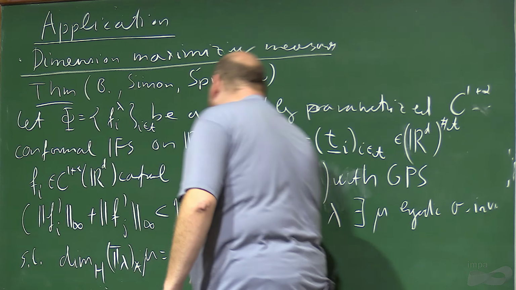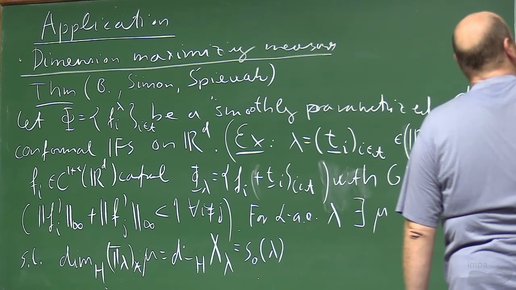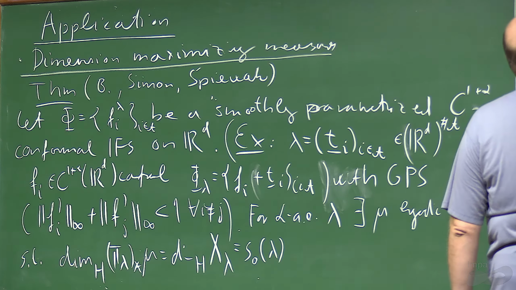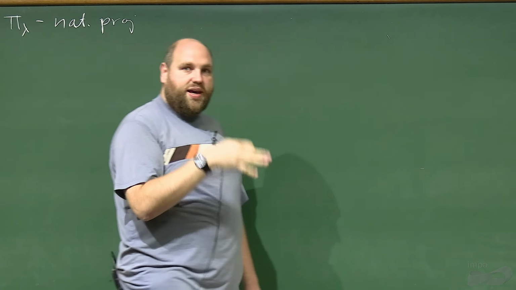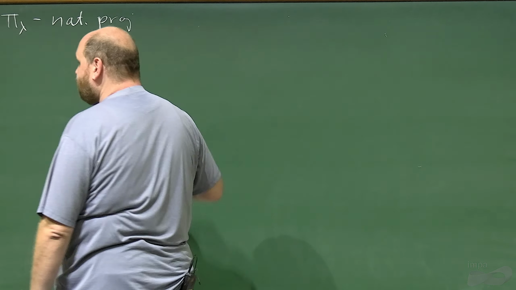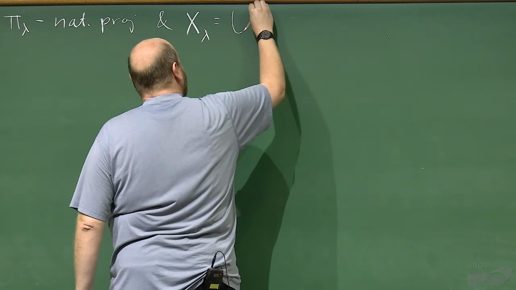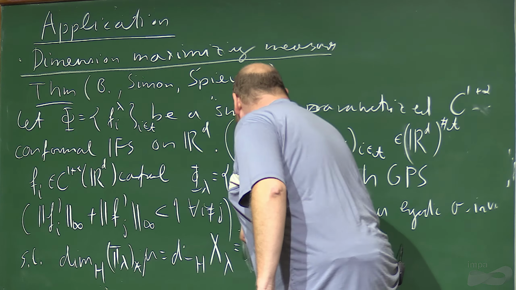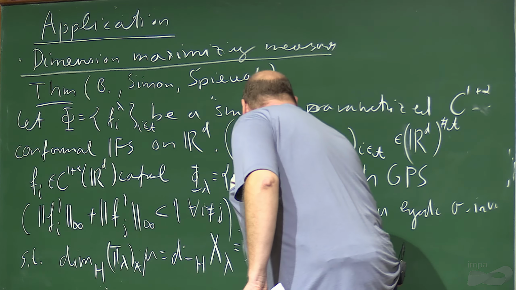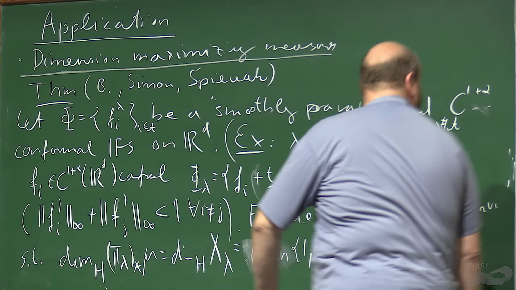And I will tell you in a minute what these notations are. So pi lambda is the natural projection from the symbolic space to R^d.